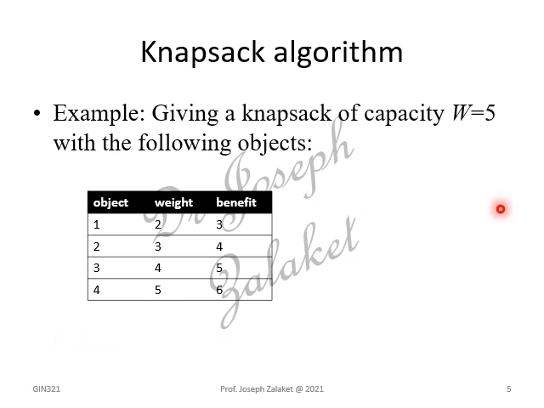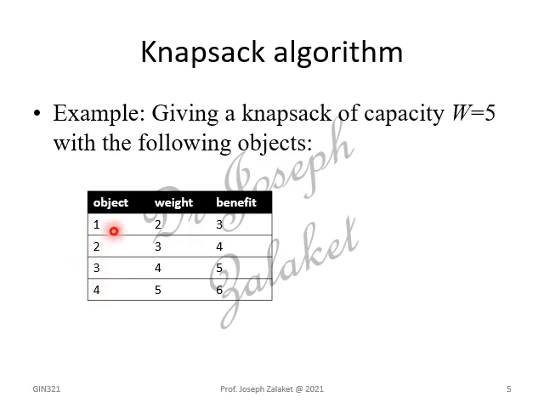Let me take an example to understand this knapsack problem better. Given a knapsack of capacity 5, so big W equal 5, with the following objects, object 1, 2, 3, and 4.